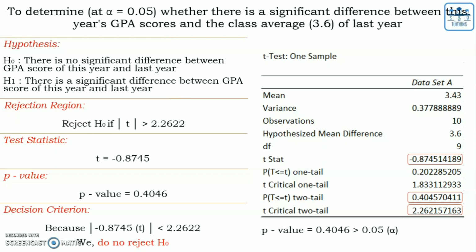But since it is greater than 0.05, we do not reject H0. So our final conclusion would be we accept H0, which means there is no significant difference between GPA score of this year and last year.